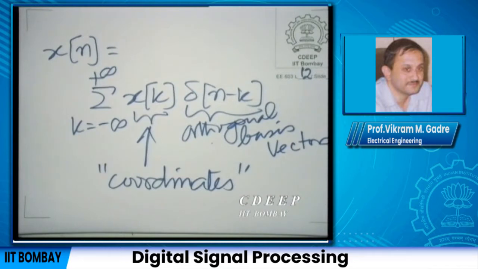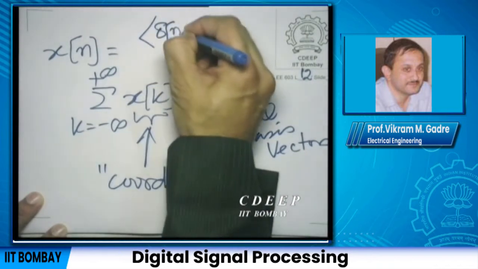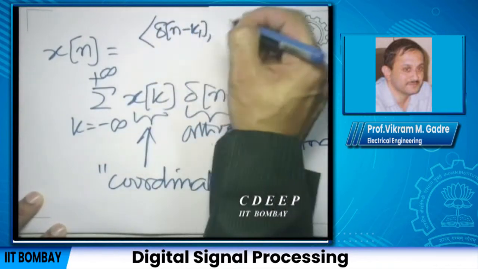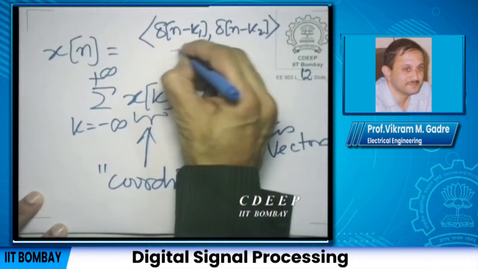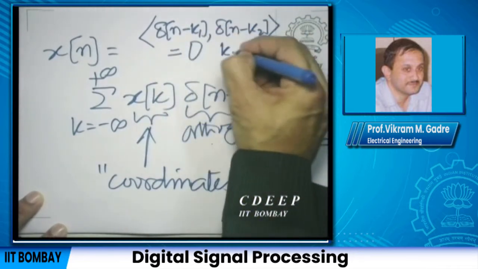Different delta[n minus k]'s for different values of k are truly perpendicular. In fact, if you were to take a dot product of delta[n minus k1] and delta[n minus k2], I mean you have two sequences, it would be 0 for k1 not equal to k2.